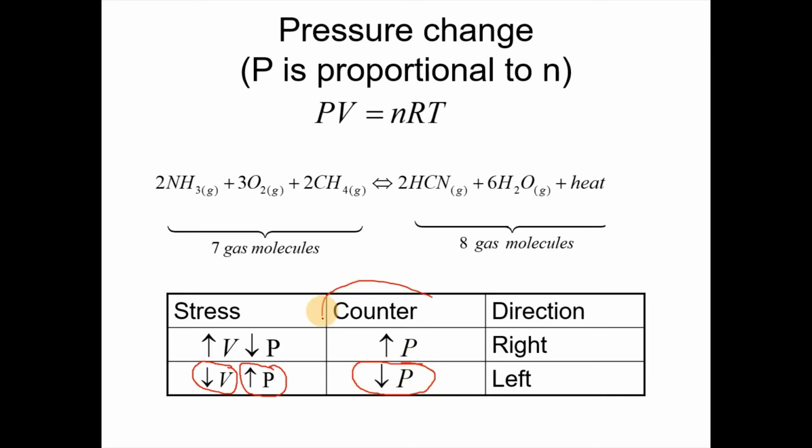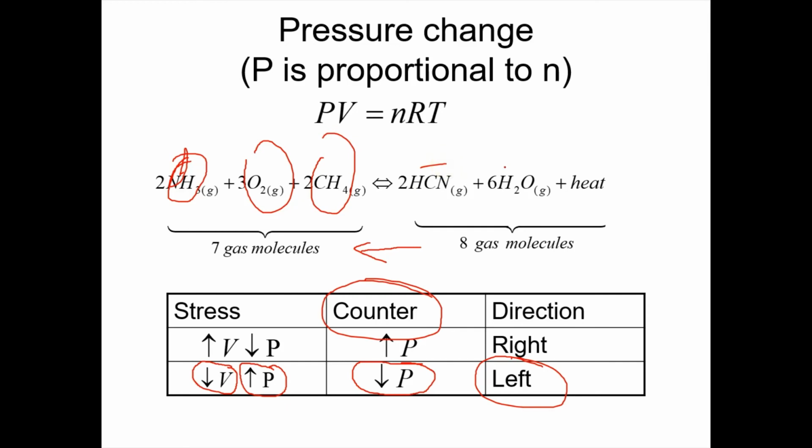Once again, remember, the counter here is always the opposite of the stress. So in order to drop the pressure, we have to go to the side with less gas molecules. In this case, less gas molecules is on the left-hand side. So that's why we say that the reaction goes to the left. And we make more of any of these guys on the left, and then less of any of these guys on the right.